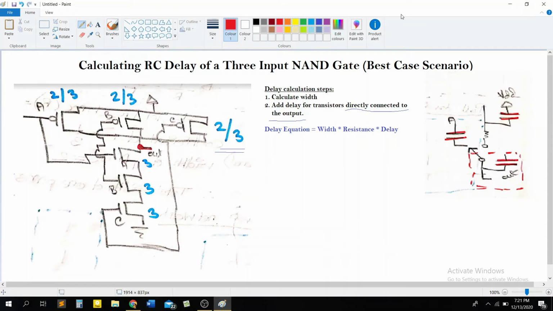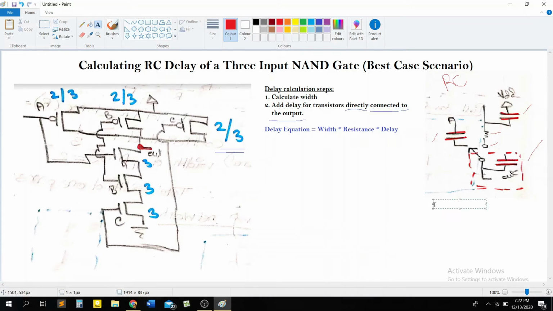Remember in our first video of this playlist, we understood how a single transistor can be written also in this RC transistor format. So this is basically the RC format for a PMOS transistor, and you can see the resistance here, the switch which is connected in series, and the three capacitances. So the concept basically is that each capacitance has a width.